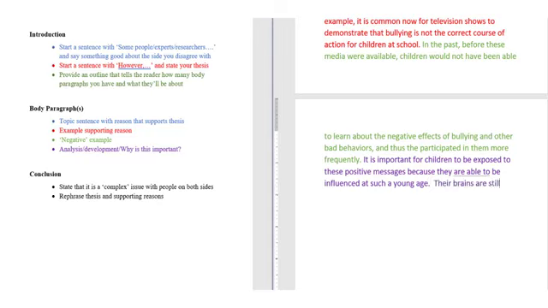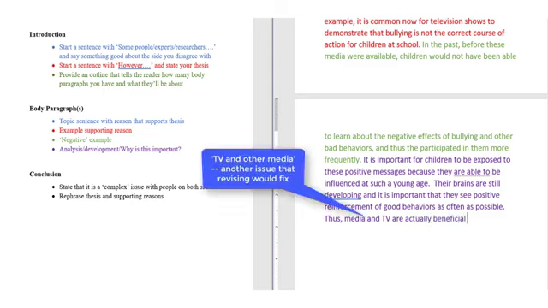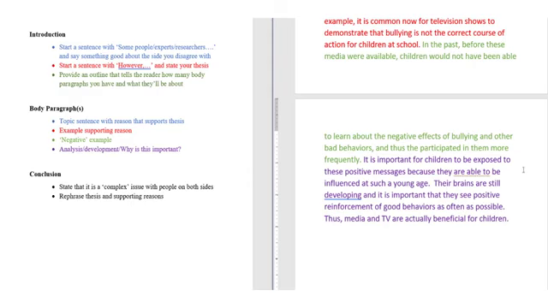Their brains are still developing, and it is important that they see positive reinforcement of good behaviors as often as possible. And then finally, you can put a little concluding sentence, but it's not necessary. You would say something like, thus, media and TV are actually beneficial for children. Something like that. So that's how I do a body paragraph.